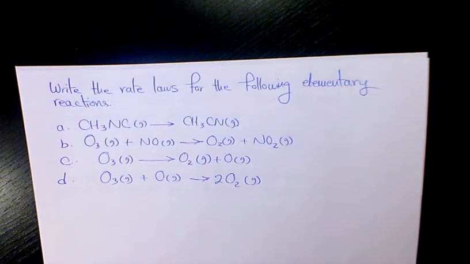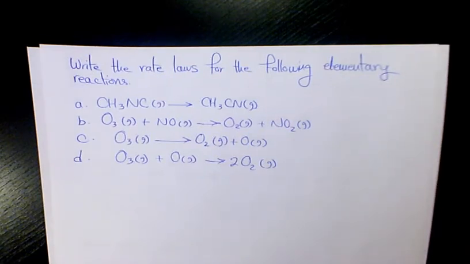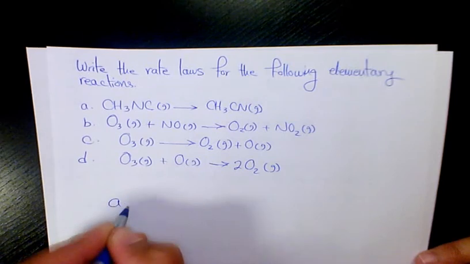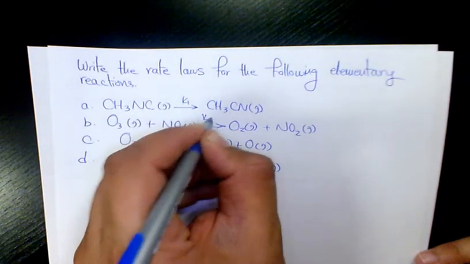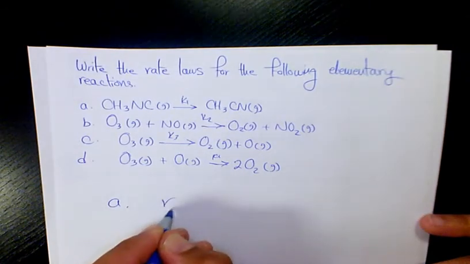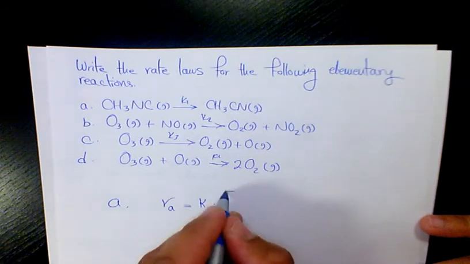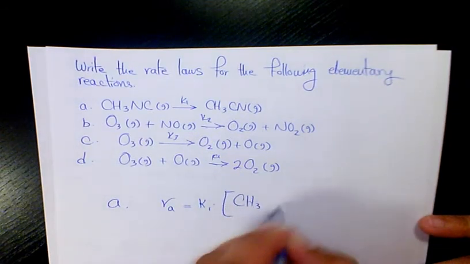Let's do the last example. It says write the rate laws for the following elementary reactions. Since these are elementary reactions, we can write down the rate law based on the molecularity. A is going to be, let's call the constants K1, K2, K3, K4. So rate Ra equals K1 times, we have only one molecule, unimolecular, O3.